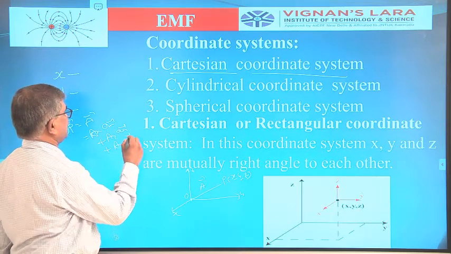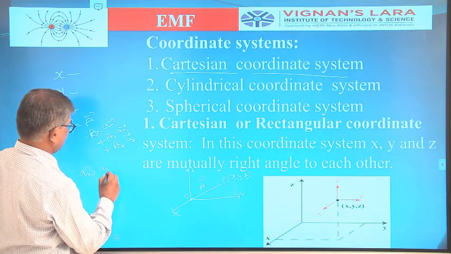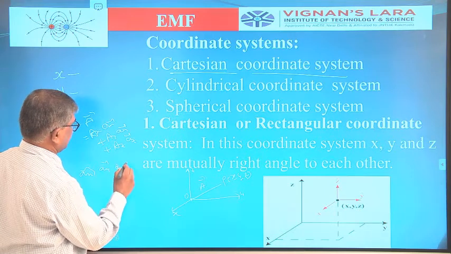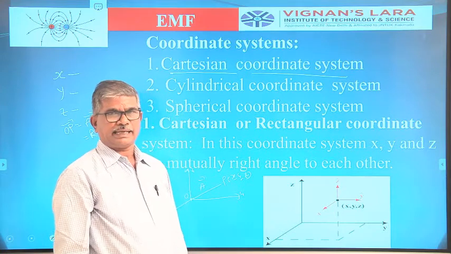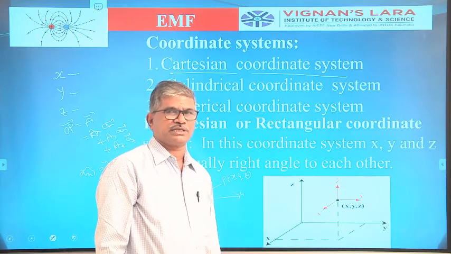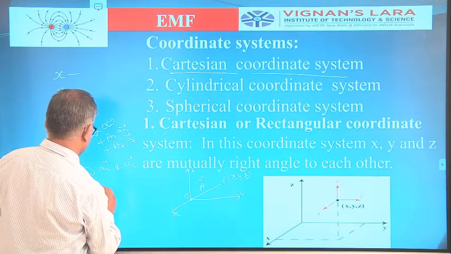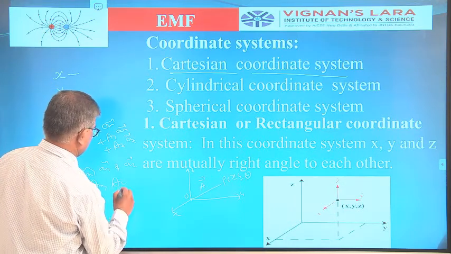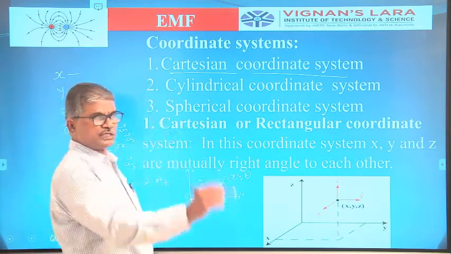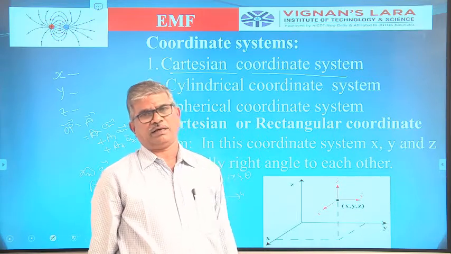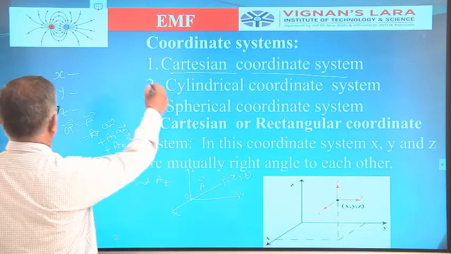Here ax bar, ay bar and az bar are the unit vectors along the x, y and z axes respectively, and capital AX, AY and AZ are the components of the vector along the x-axis, y-axis and z-axis.